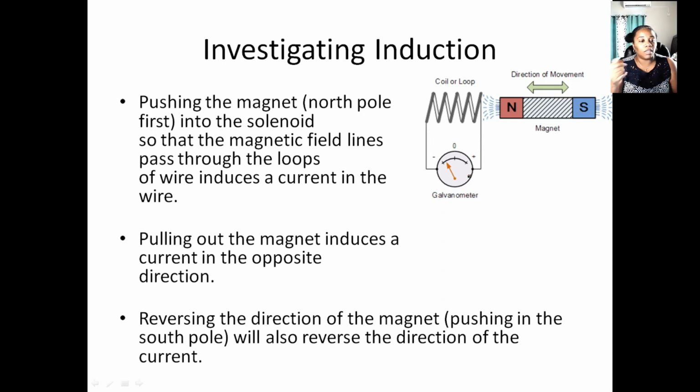So again, pulling out the magnet induces a current in the opposite direction, and reversing the direction of the magnet, so pushing in the south pole, will also reverse the direction of the current, right?